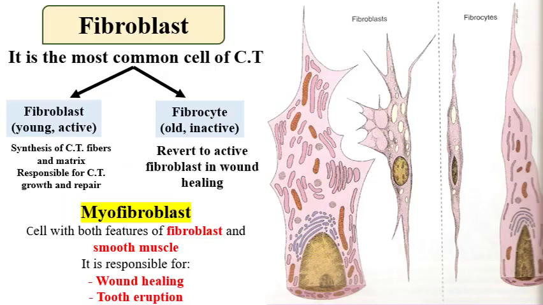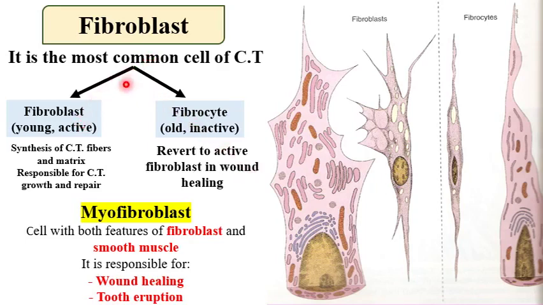Another cell, this is the fibroblast. The fibroblast is the most common cell of connective tissue. Again, the fibroblast is the most common cell of the connective tissue. The fibroblast contains branches, as it is one of the branched cells. Okay, the fibroblast is presented as two types.